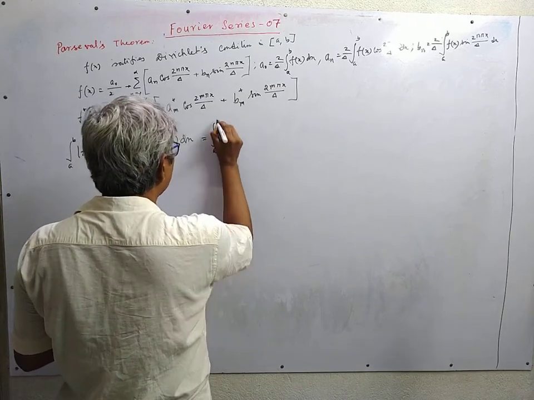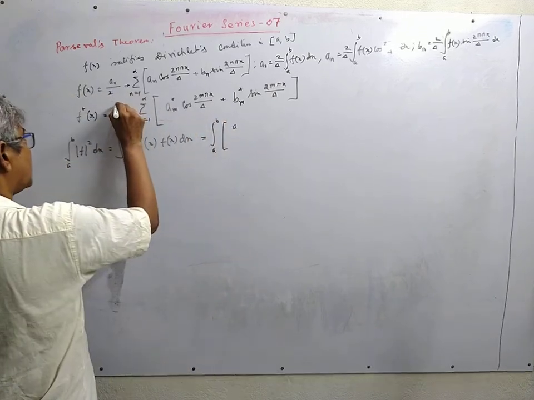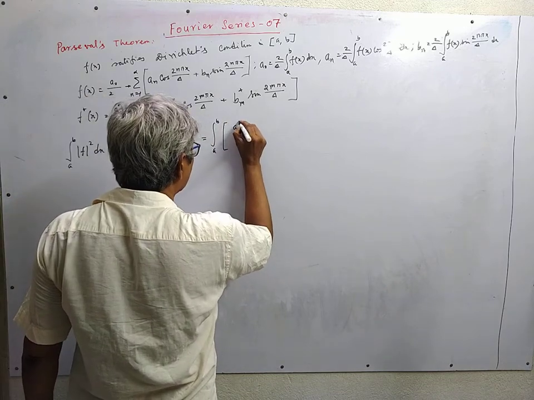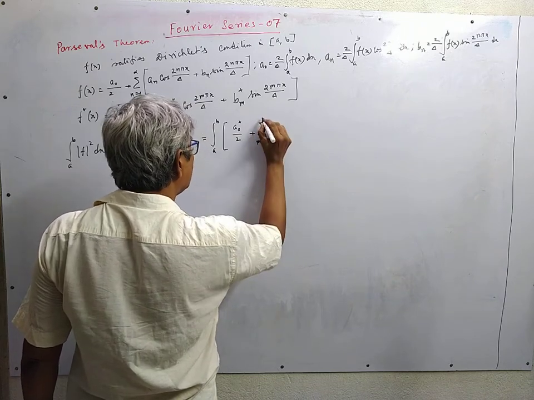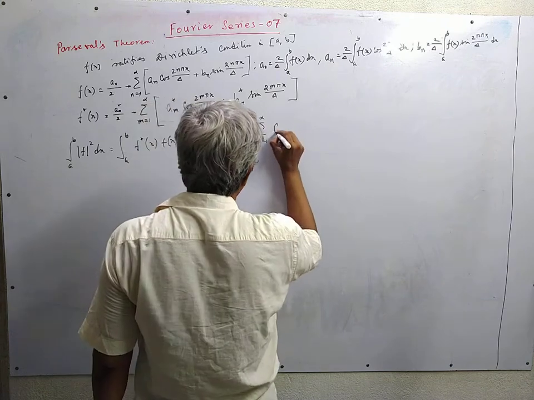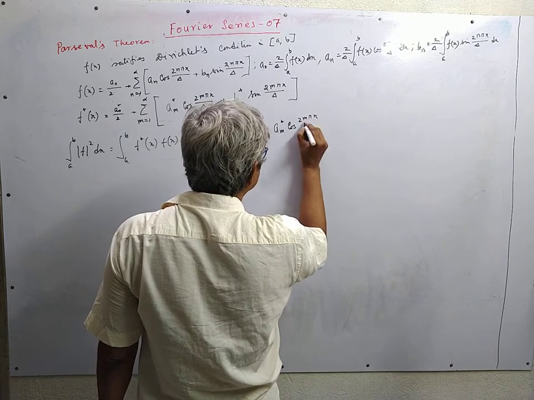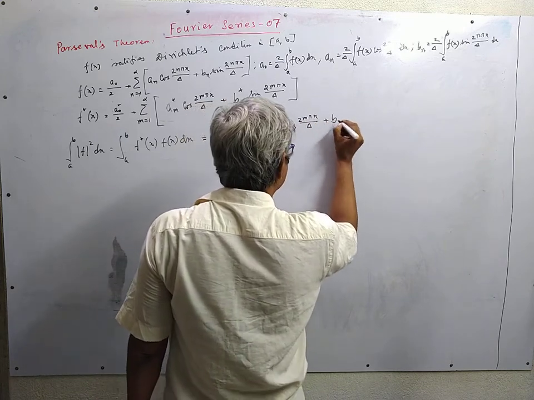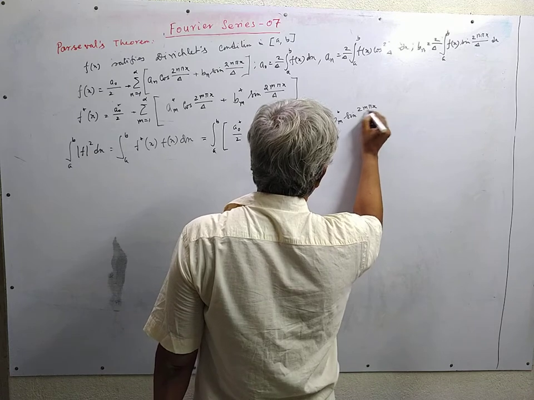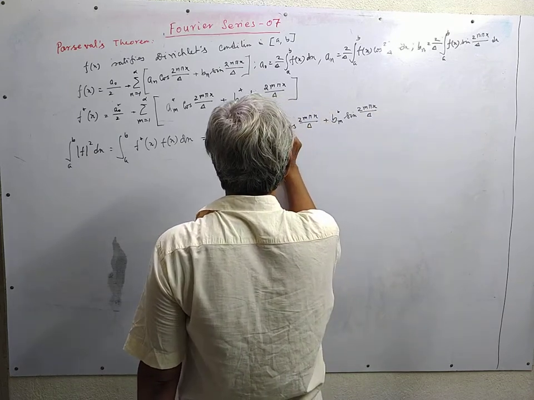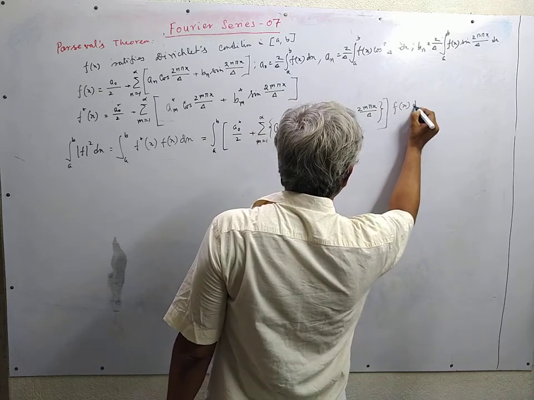That is to say, the integral from a to b of a0 star by 2 plus the summation over m equal to 1 to infinity of am star cos(2m pi x by delta) plus bm star sin(2m pi x by delta), times f(x) dx.